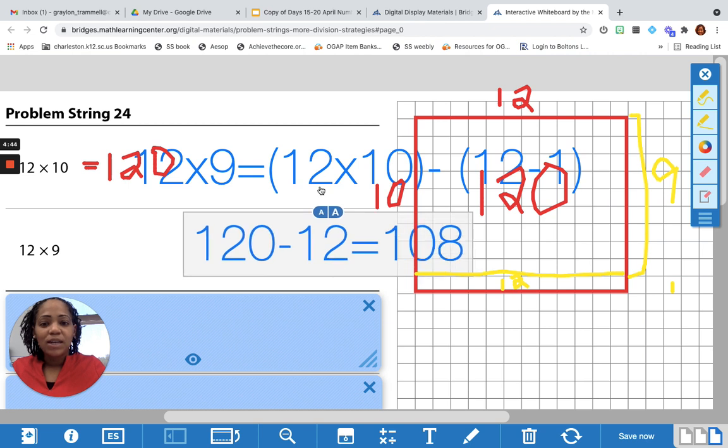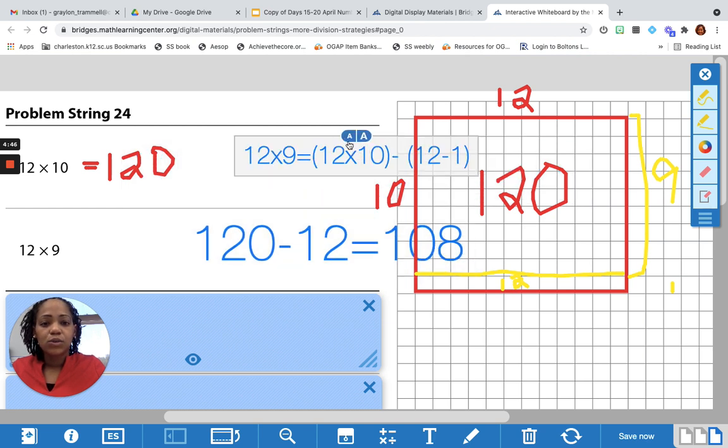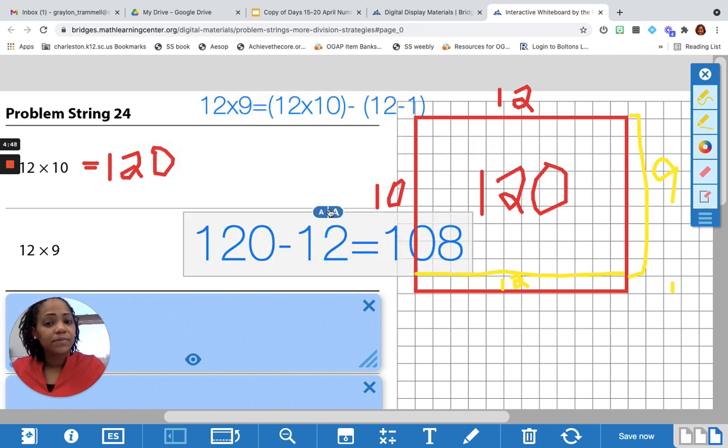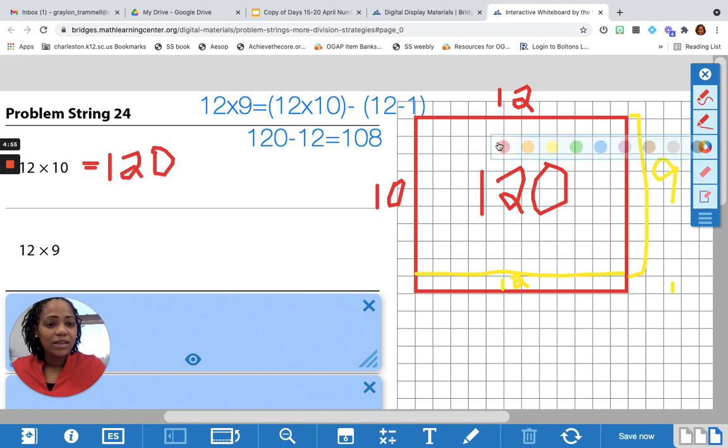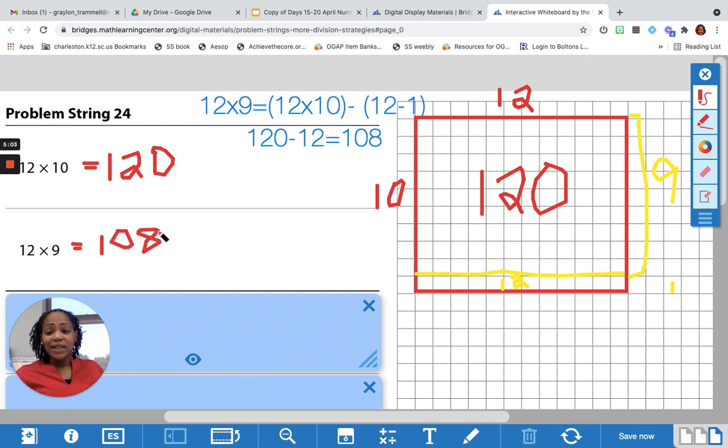So what then is 12 times 9? I hope you said it. 108. And I will fill that in right here. So that's the over strategy. When you are multiplying by 9, you can think about multiplying by 10 and then subtract one group away.